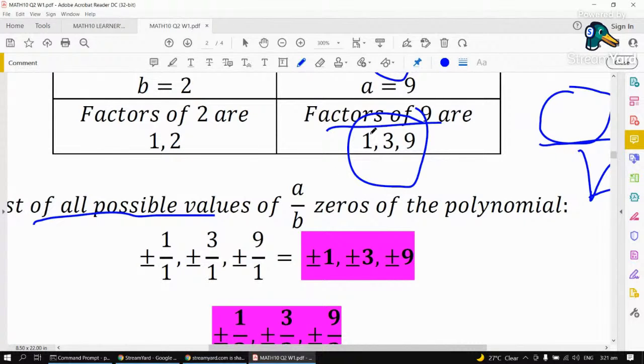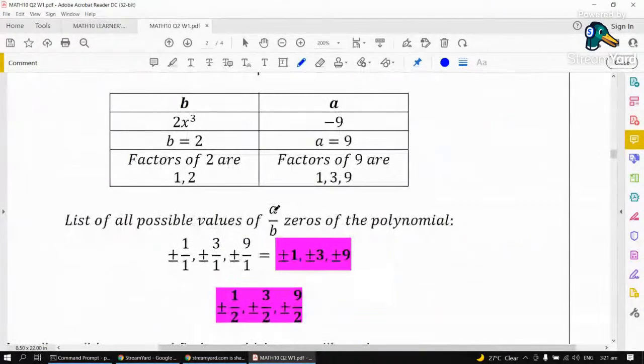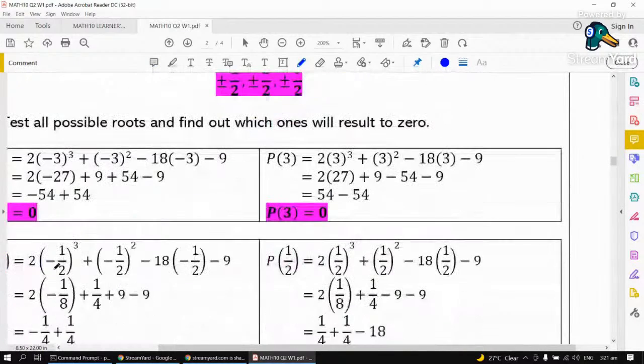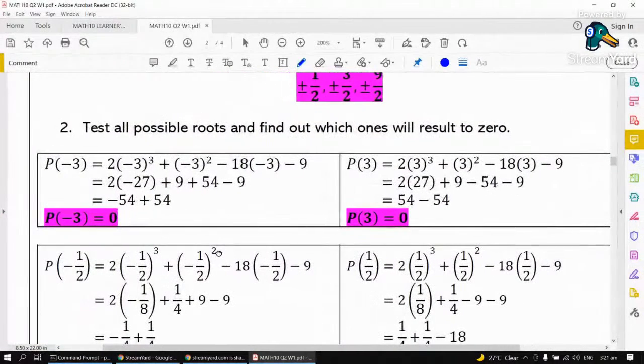So, magkakaroon tayo ng 1 divided by 1, and then 3 divided by 1, and then 9 divided by 1. Gagawin natin yun. And then, ite-test natin lahat ng nakuha natin sa ating formula.